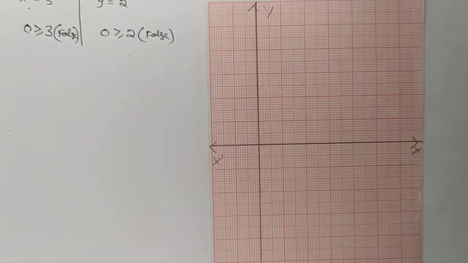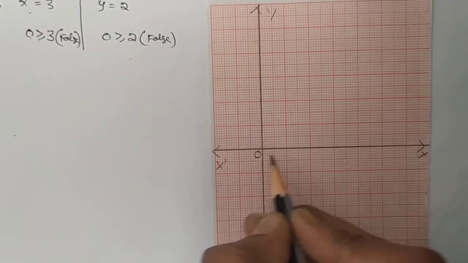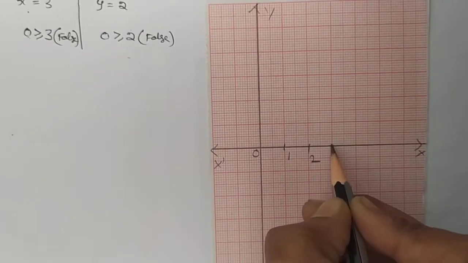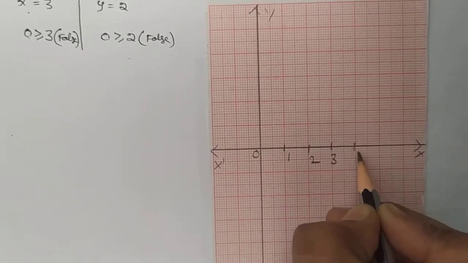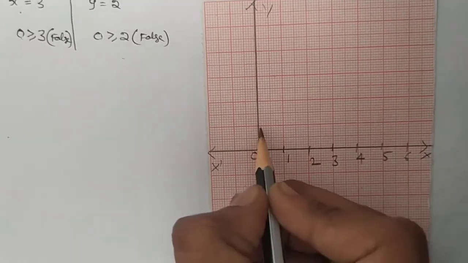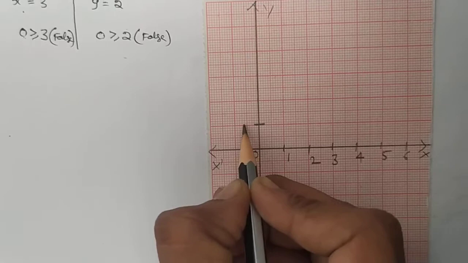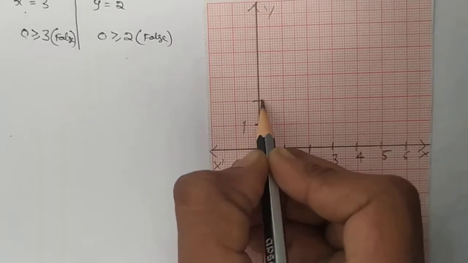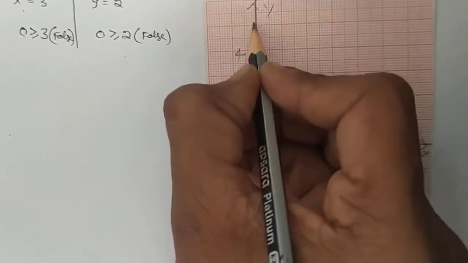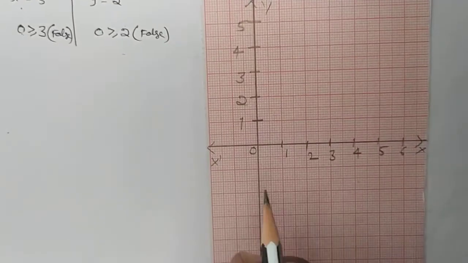Let us take the values on the x-axis: 0, 1, 2, 3, 4, 5, 6, 7, 8, 9, 10 and so on. Kindly maintain a proper graph book. 1, 2, 3, 4, 5, 6, and so on.